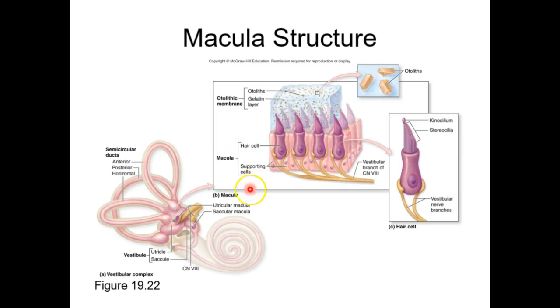On your worksheet today, I think I have a question where I ask you where the sensory receptors are located, and some people will put macula and some will put otolithic membrane. I'll take either one. Those are both acceptable for that. I'll probably annotate the opposite one compared to the one you write down. You could just say otolithic membrane and macula if you want to be complete, but it's up to you.